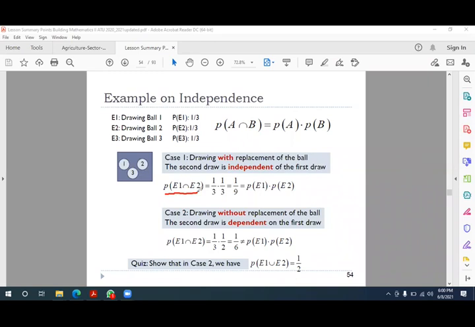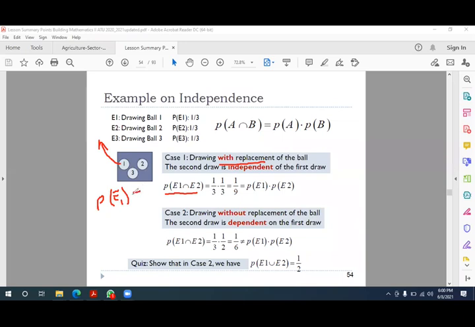But we are drawing with replacements. If we are drawing with replacement, then it means that when we select E1, which is the first ball, the probability of E1, P of E1, is 1/3.